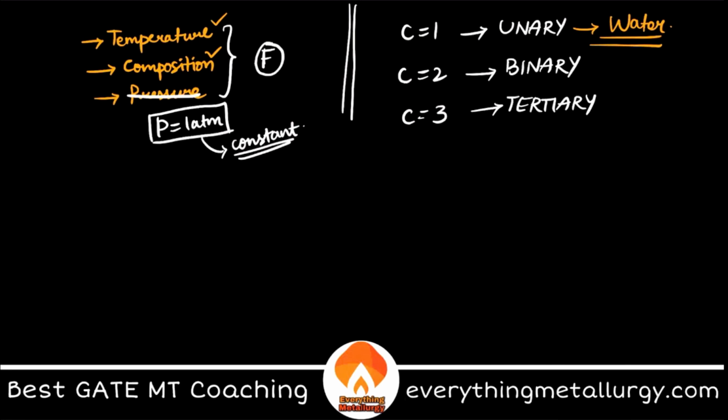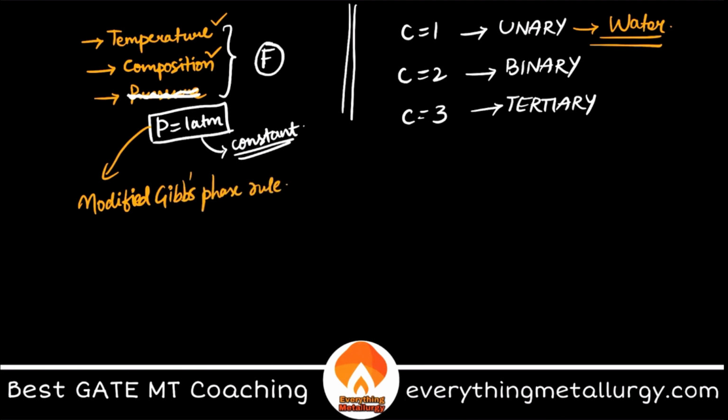So before this, we saw that either temperature, composition, or pressure can be degrees of freedom. But now, since the pressure is taken as a constant value, it is no more a degree of freedom. That means temperature and composition can be the possible degrees of freedom in a system. Why? Because of pressure being constant at 1 atmosphere. So to tackle this, we have something called a modified Gibbs phase rule. Why?